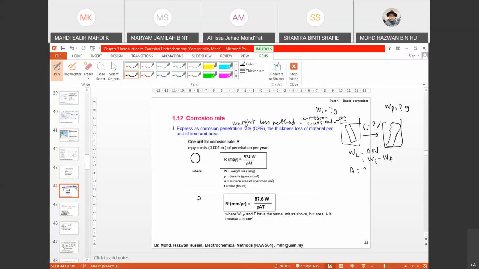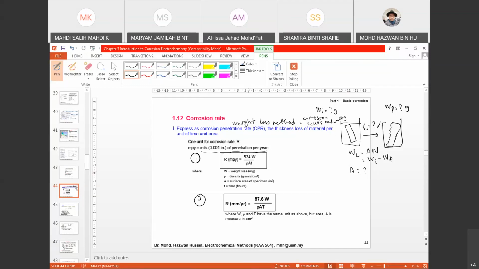The unit is MPY, which means mils of penetration per year. Mils is a unit of distance, used in the US, so it means how much distance the penetration goes from the surface.